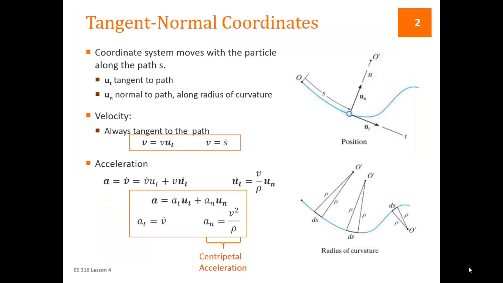So let's start with tangent normal coordinate systems. As you remember from our discussion in Lesson 3, the velocity of an object is always tangential to the curve it's traveling along.